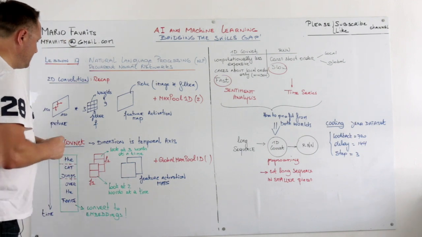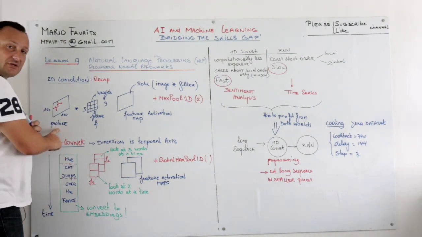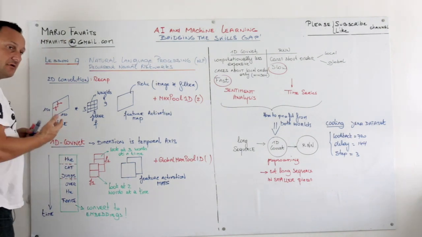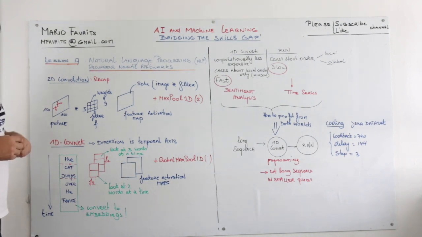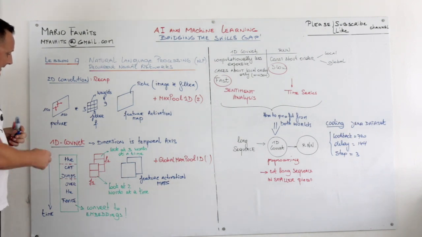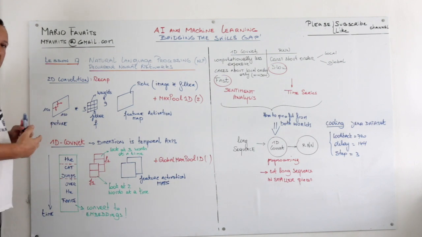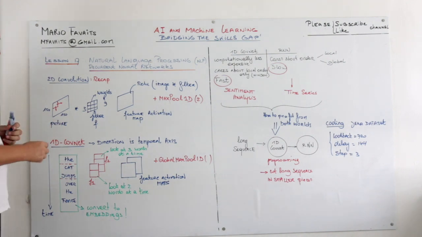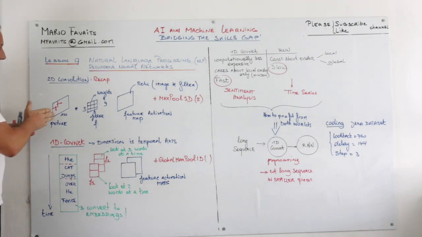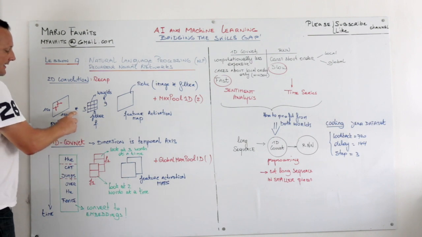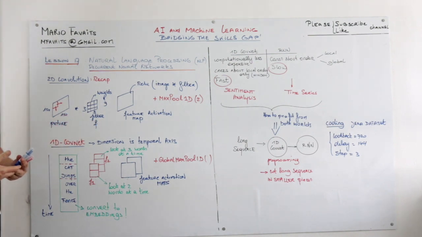Remember, in convolution we had a picture, and this picture could have 150 by 150 pixels, and this is a black and white picture. Otherwise we would have RGB versions and the depth would be 3. So now the depth is only 1. And then we convolve that picture with what we call a filter.